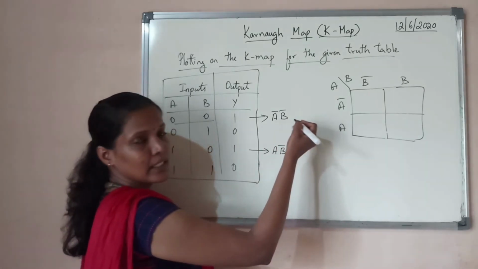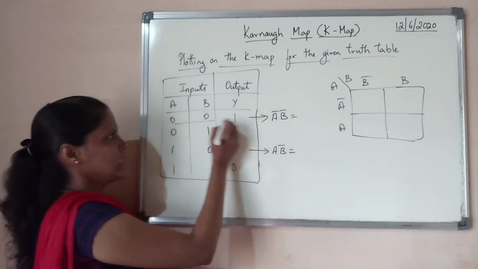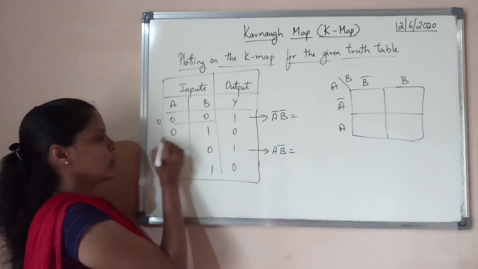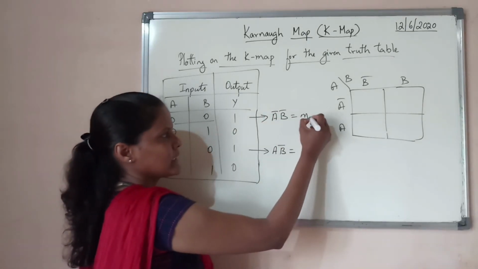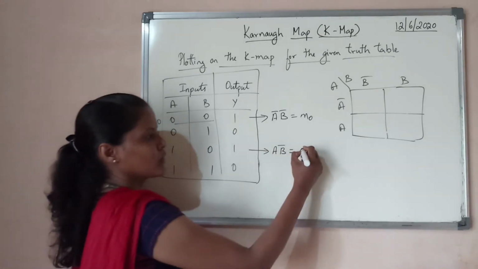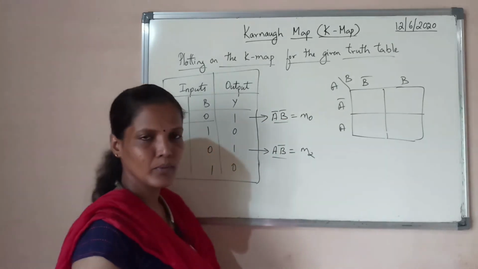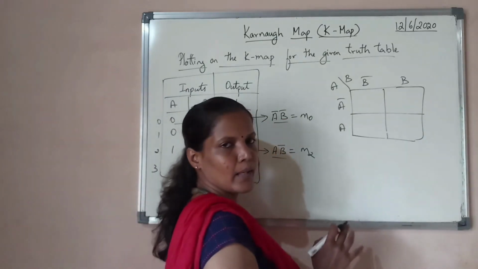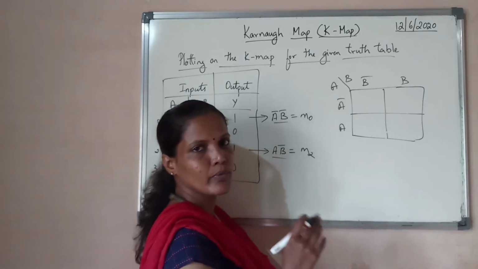Coming to numbering the minterms, the values are 0, 1, 2 and 3, and the minterms will be numbered as M0 and M2. Looking into these variable terms, you just fill the K-map with ones and the rest of the cells will be filled with 0.